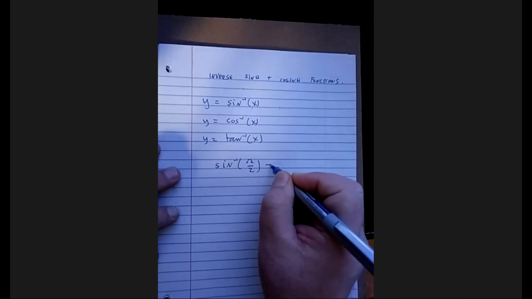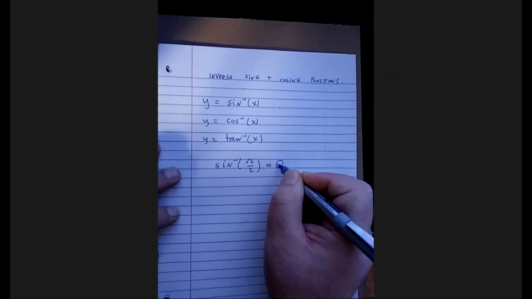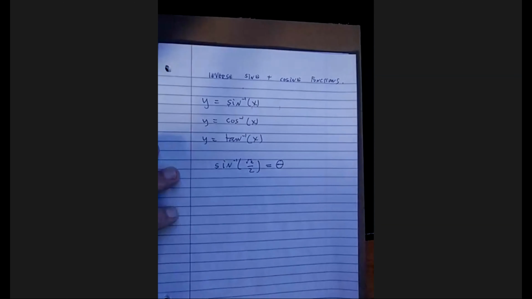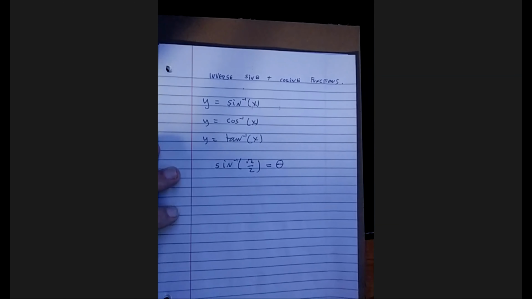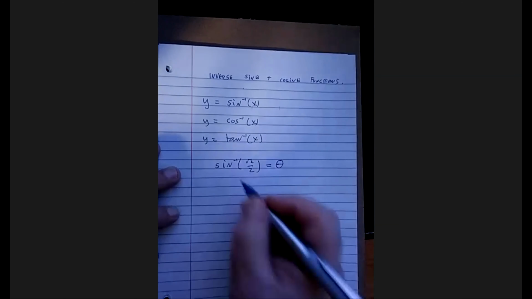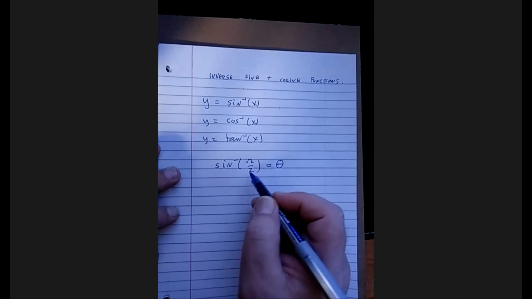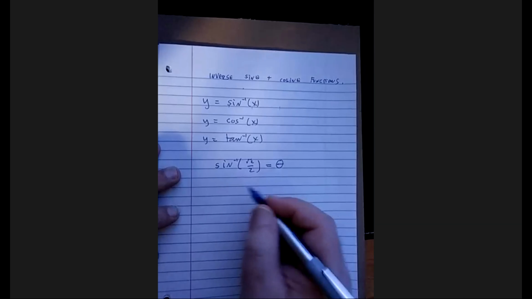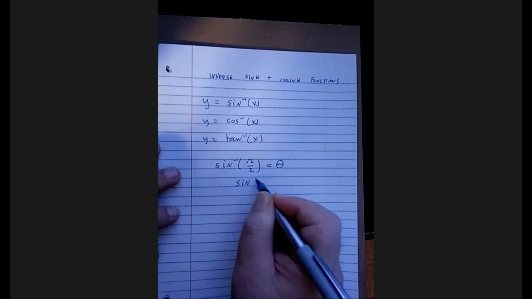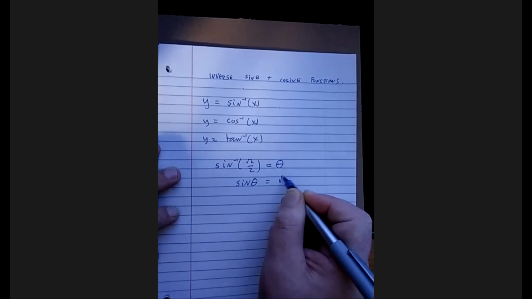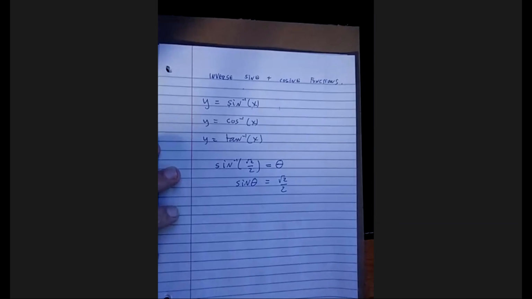So what you've got to think about is that what this function returns is an angle, and I like theta for angles. So if the inverse sine of √2 upon 2 is an angle, what it's saying is there's an angle out there whose sine is equal to √2 over 2.